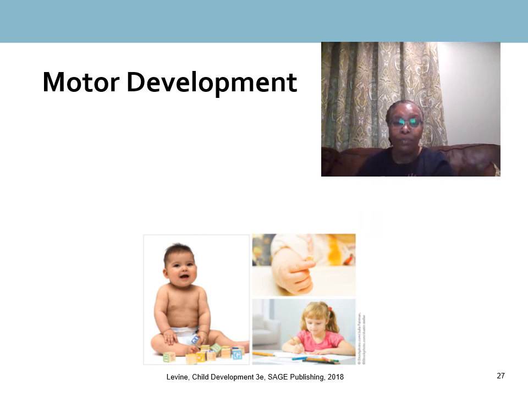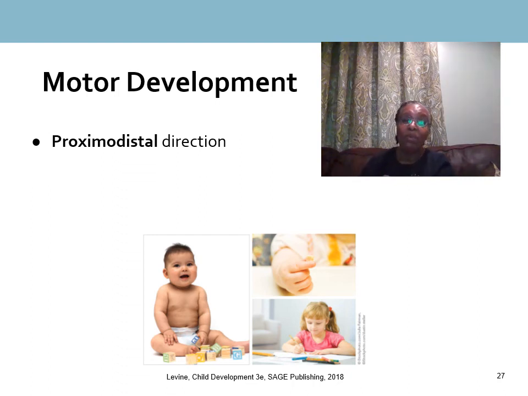All right. So we talked about motor development and how it all works with the motor cortex and the location of the motor cortex. Now let's talk about the proximal distal direction, okay?